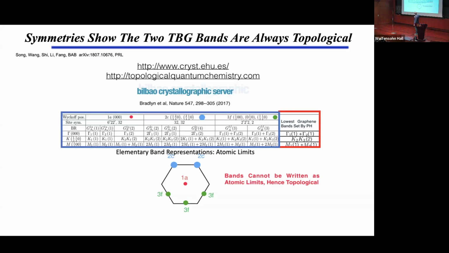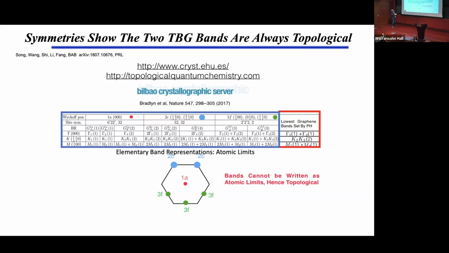These are representations of bands at the symmetry points. So for example, what this means is that I add an s orbital at the center of the moiré unit cell. So I'm trying to build an atomic limit of the s orbital here. This can only have these eigenvalues at the k points in the Brillouin zone.